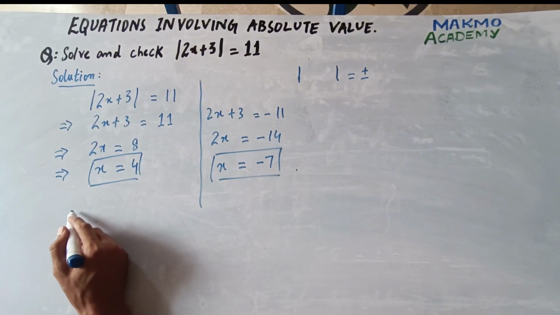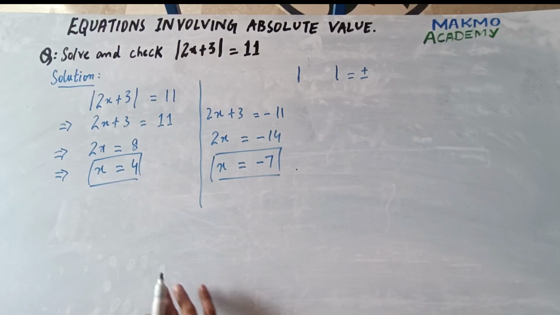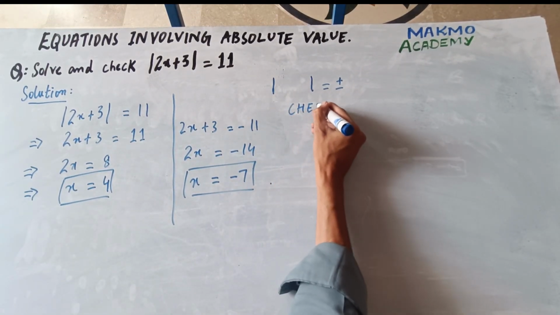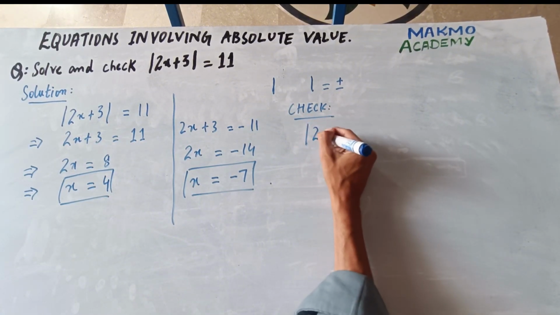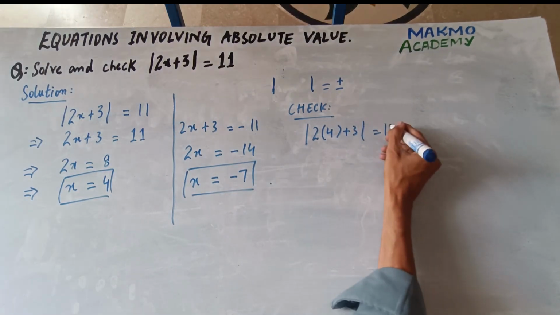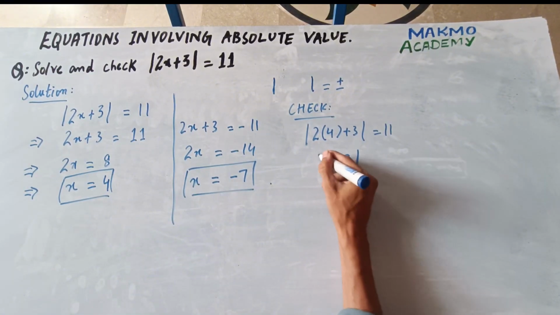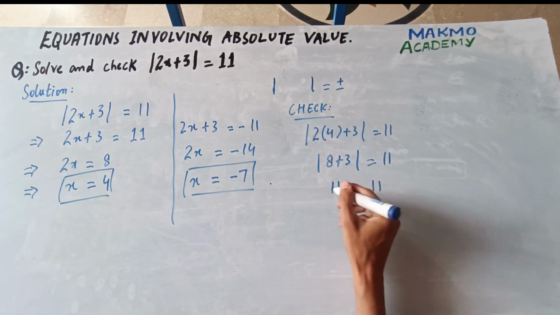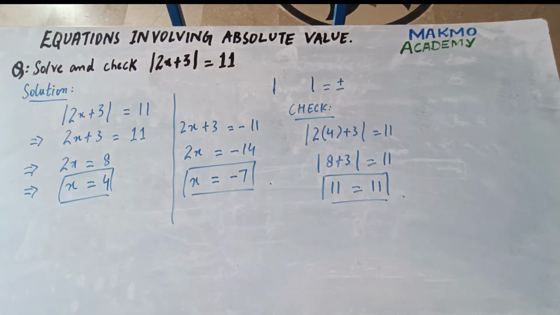So let's check. 2(4) + 3 = 11. 2 fours are 8, plus 3 is 11. So 11 = 11. You are getting the correct answer, meaning this value of x satisfies your equation.